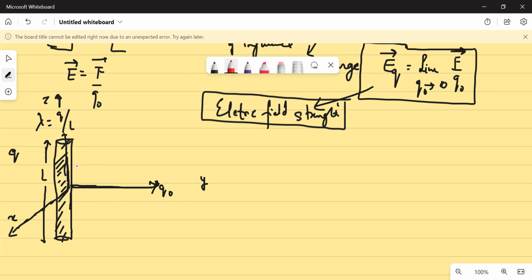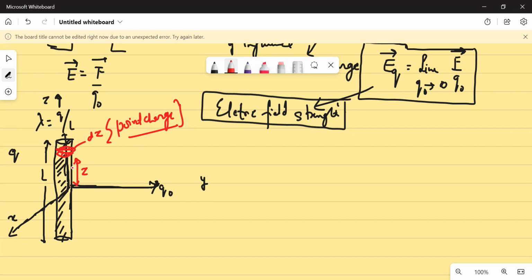The suggestion is, instead of going through all these things, you just take some differential small element, dz, at a distance z. In dz, obviously there would be a point charge only, because dz is infinitesimally small, and all these contributions from dz would eventually be integrated, and I can find the force due to this rod.